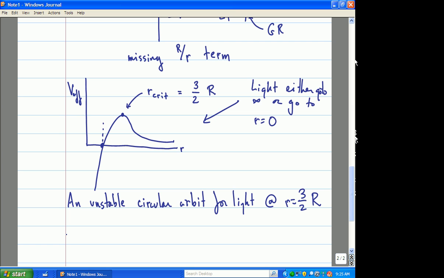So if r is less than the Schwarzschild radius, v is less than 0. And so from the point of view of this one-dimensional mechanics system, if you start at r less than the Schwarzschild radius, then you could never get out to r equals infinity. And in fact, this is a signature of the fact that the Schwarzschild radius is a so-called event horizon, from which light cannot escape. And this is something that we will return to next class when we begin our discussion of black holes.